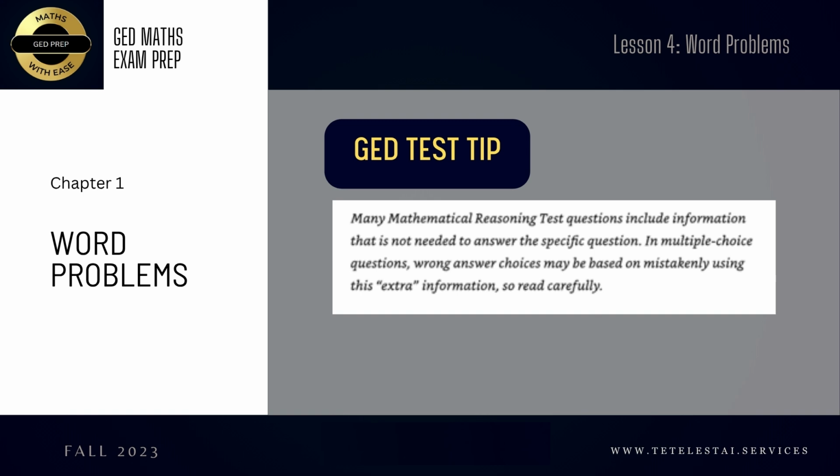Because they will include information that you don't need and then have an answer in your multiple choice that matches that information you don't need, right? So I would advise you not to look at the answers, okay? If you can, try not to look at the multiple choice options. Try to find the answer on your own first and pay attention to information that you don't need.